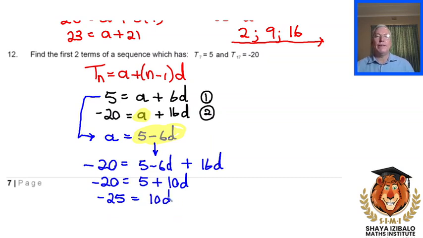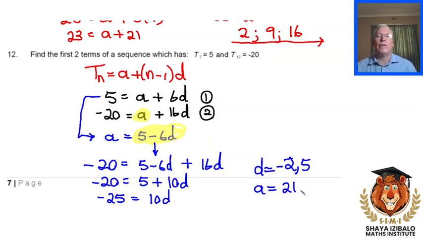If we divide both sides by 10, we get d is negative 2.5. And if d is negative 2.5, well, 5 subtract 6 lots of negative 2.5. 6 lots of 2.5 is actually 15, so it's 5 plus 15. A is actually 20.